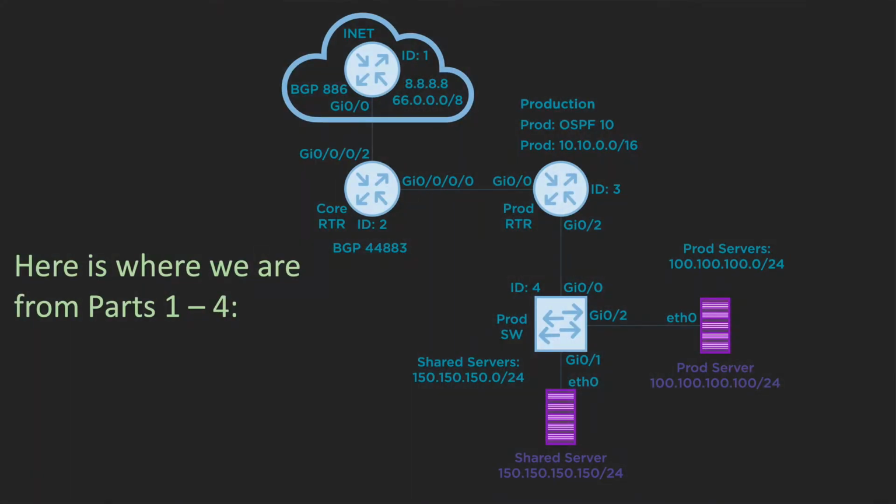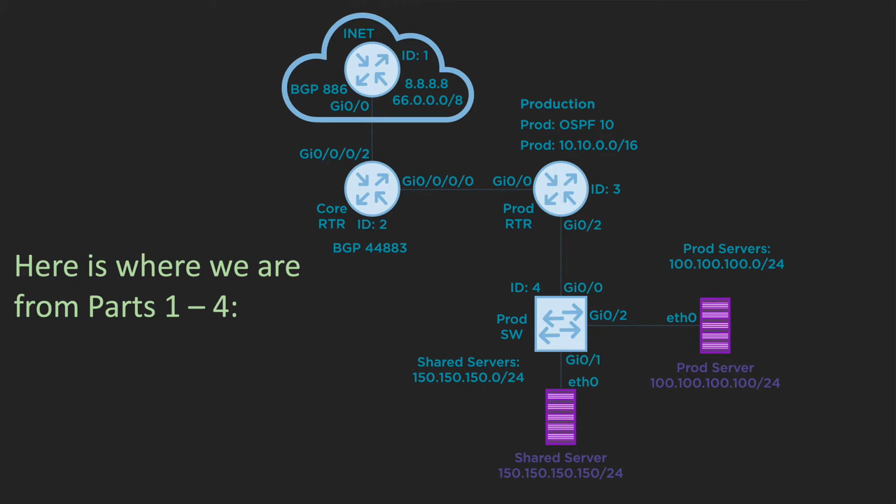They want to be able to quickly test something that doesn't affect production, but they still need to access some of the production resources, some shared services, like time, maybe, or AD, Active Directory, or DNS, or DHCP, or probably not DHCP in this situation. But there's going to be some shared services they need access to, and then also internet, which is also a shared service. So let's go ahead and jump right in.